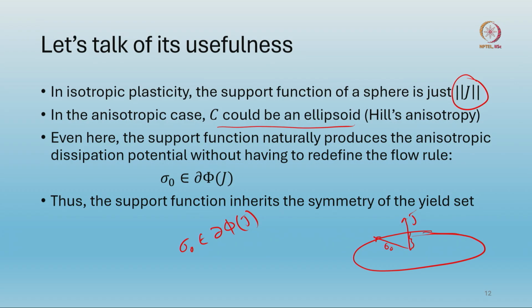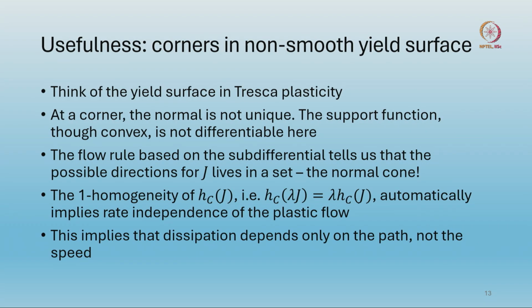So in the anisotropic case, please remember that the direction of the plastic flow as given by the plastic strain rate and the deviatoric stress are not collinear, they are in two different directions in general. So corners, if there are corners, then of course it becomes even more interesting. Think of the Tresca plasticity. At a corner the normal is not unique.